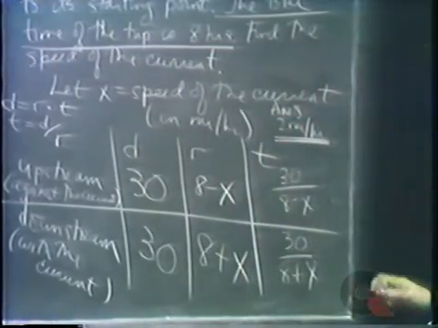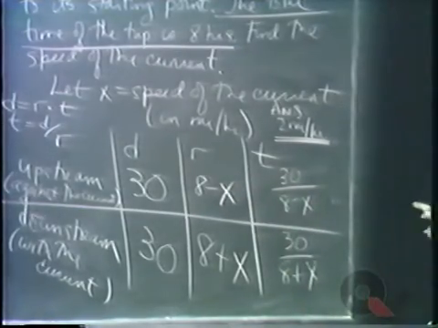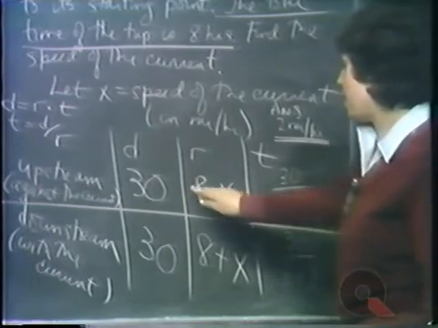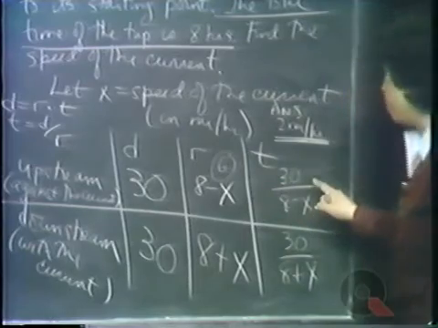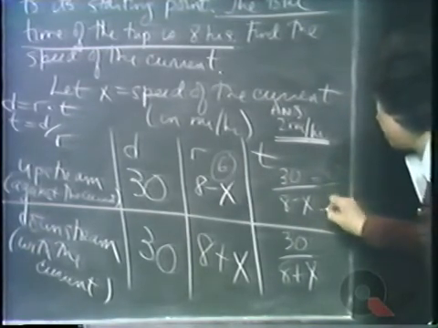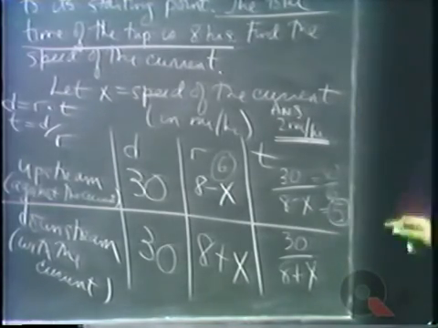Now we must check this out. Well, we can check it right here in the chart. If the current is 2 miles per hour, then upstream you're going at 8 minus 2, or 6 miles per hour. 30 over 6, the time upstream would be 5 hours.